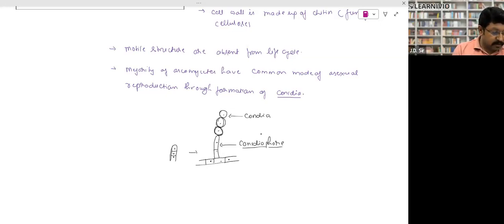An example where conidia are formed, which you need to remember, is Penicillium. Do you know this fungus, Penicillium? What is the utility of this fungus? Penicillium notatum is the complete name. From it we extract something. What do we extract?